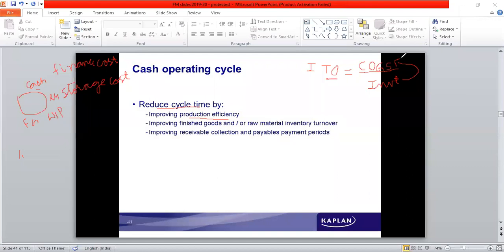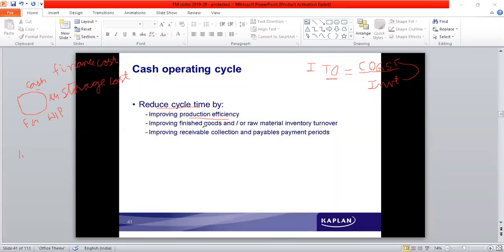So any investment which is made into any type of asset should very quickly get converted into turnover. If it is not converted into turnover, the amount is held or blocked in that particular type of asset. So efficiency is known only when there is turnover realized.